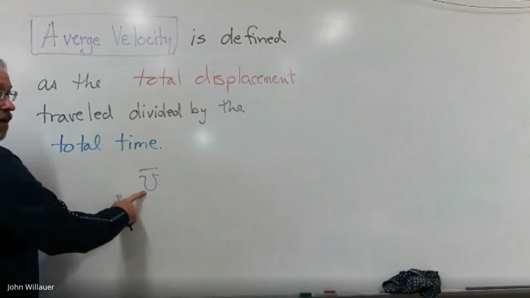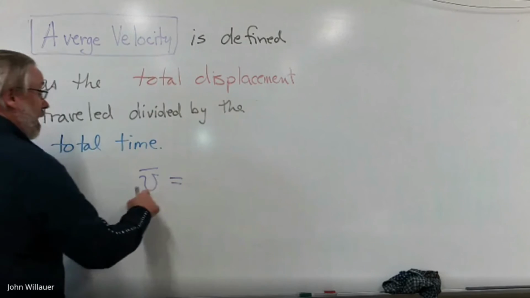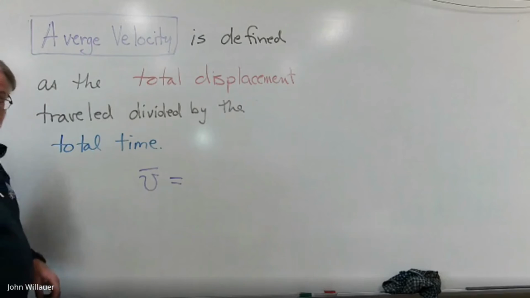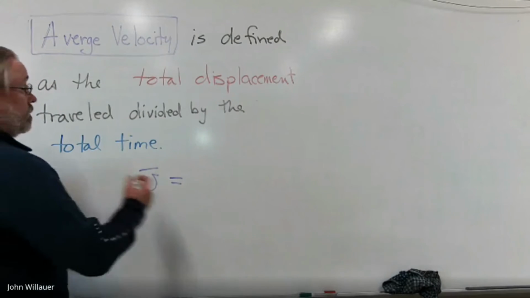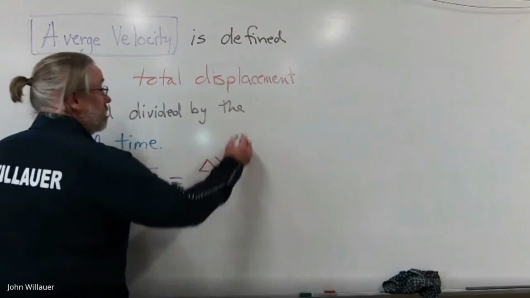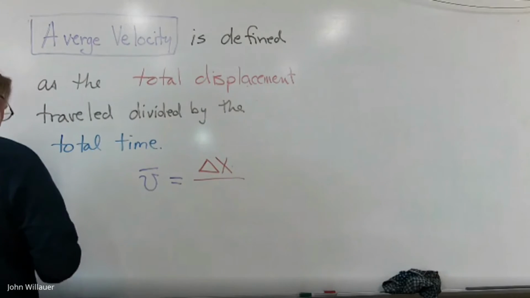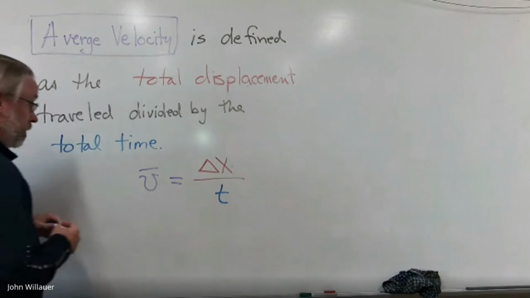If you want to write a regular v, you can, but that's how I write a v for this one. So the average velocity equals the total displacement, for which we use delta x, divided by time, and time stays the same.